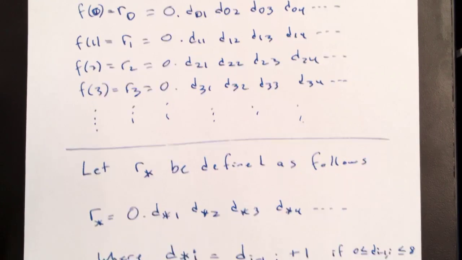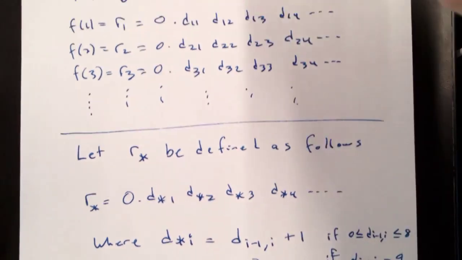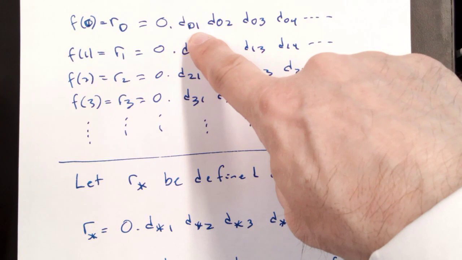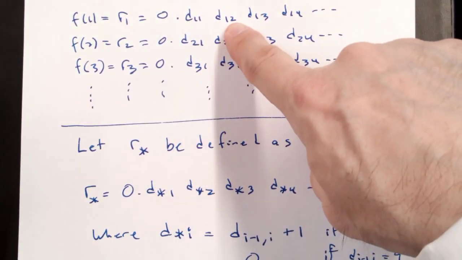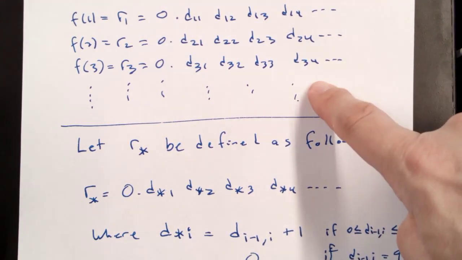But if it's a 9, don't add 1, just go to 0. So I am building a brand new number. The first digit in this number is 1 bigger than this. The second digit in this number is 1 bigger than this. The third digit is 1 bigger than this. The fourth digit is 1 bigger than this.